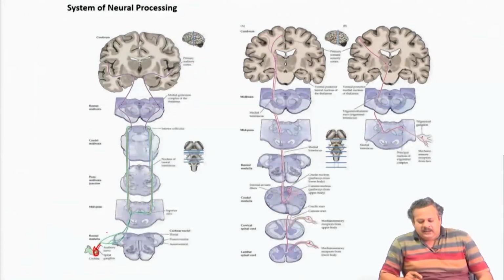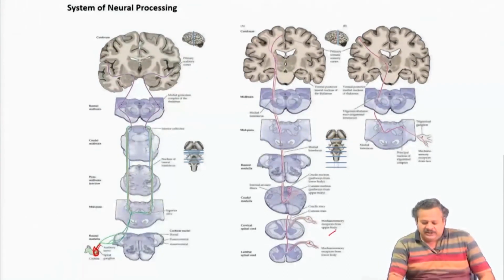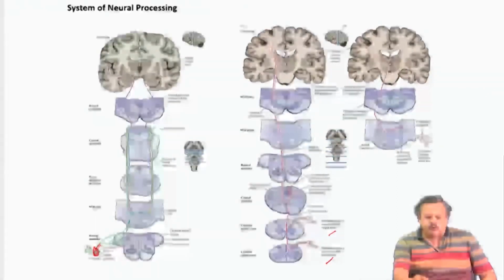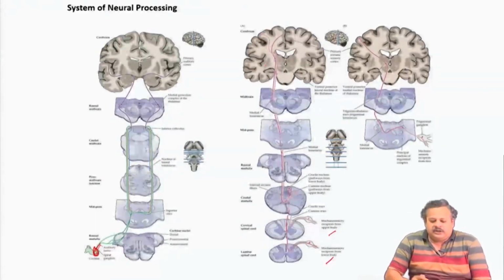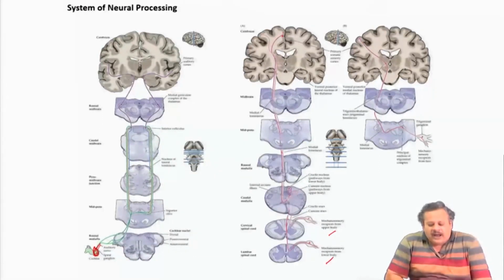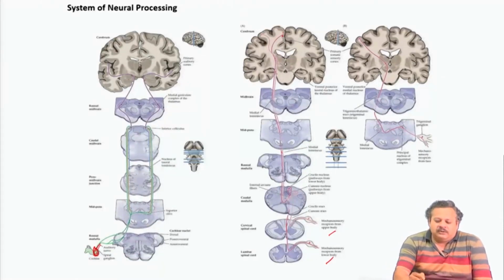So again, as you see, these mechanosensory receptors of the different parts of the body bring that information into the central nervous system, and information passes on through different tracts of information to finally reach the primary somatosensory cortex via the thalamic regions in the somatosensory pathway.